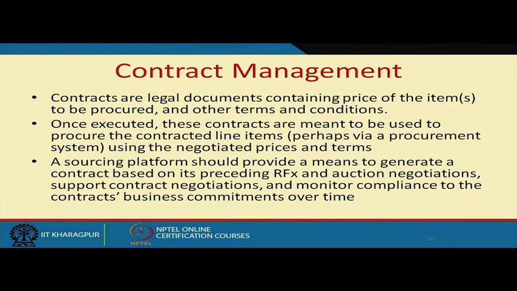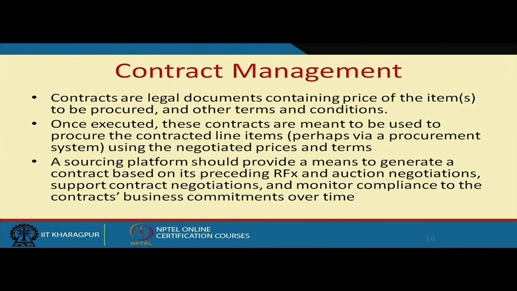These contracts are legal documents containing the price of the items to be procured and their terms and conditions. Once executed, these contracts are meant to be used to procure the contracted line items, perhaps via a procurement system.